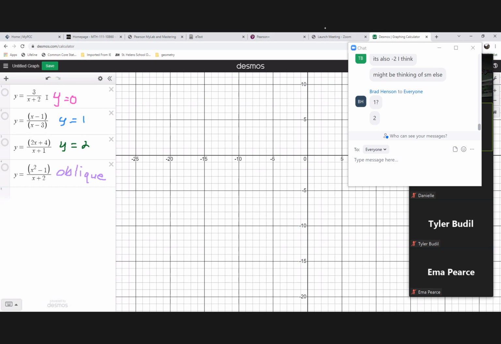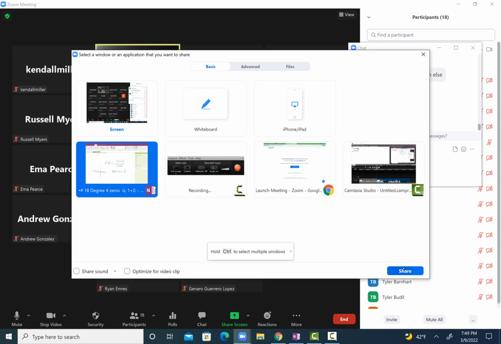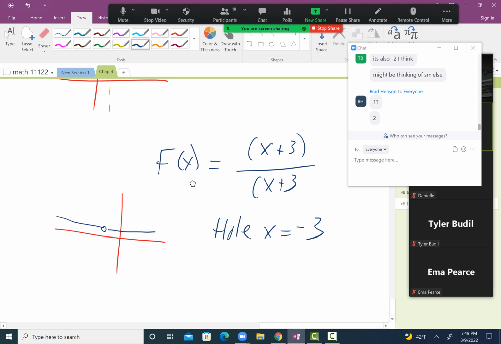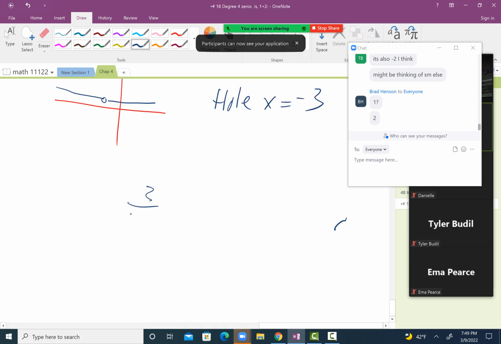So if I take the limit of this as x approaches infinity, the way I would do that is I would take this function, 3 over x plus 2, and I'm going to take the limit of that as x approaches infinity.